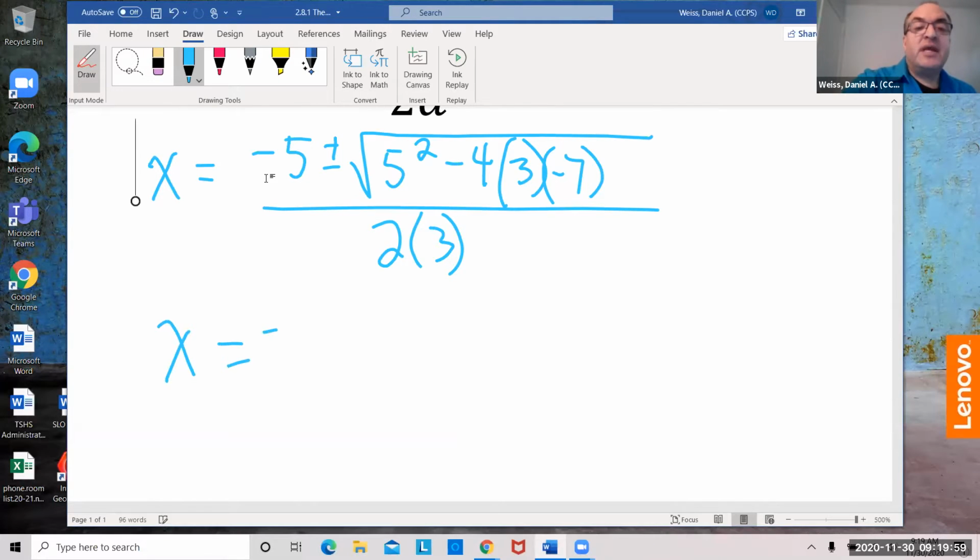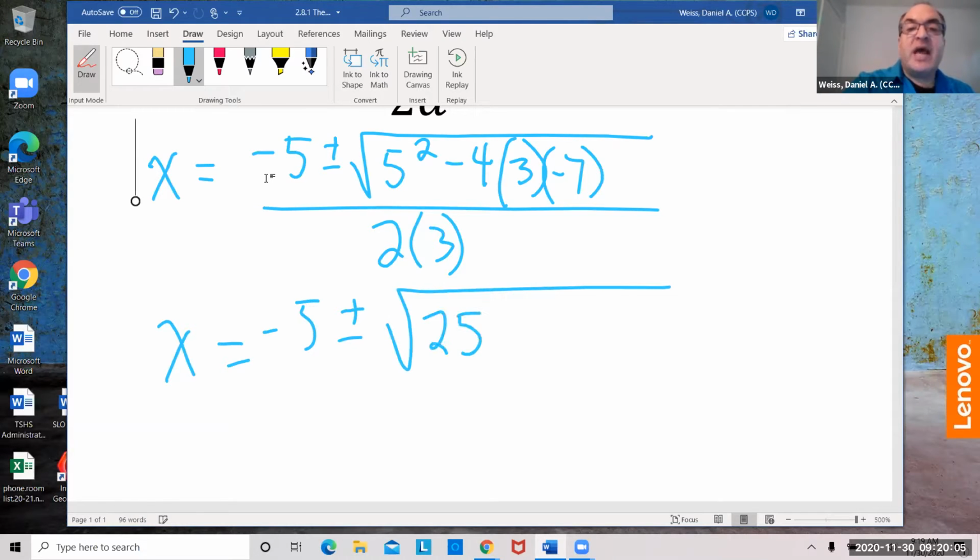X equals -5 plus or minus square root of 25. Now, do you see that this is minus here and I have a negative here? I'm going to treat it as a negative times a negative and make it plus. 4 times 3 is 12 times 7 is 84, all over 2 times 3 is 6.